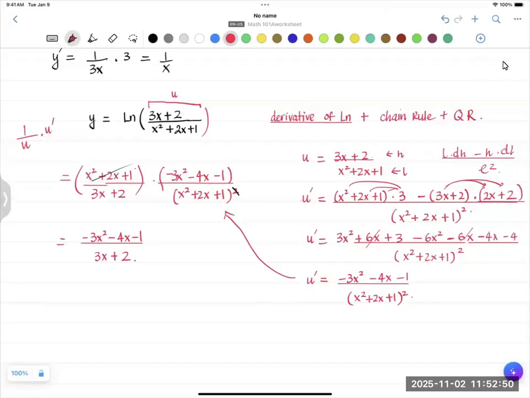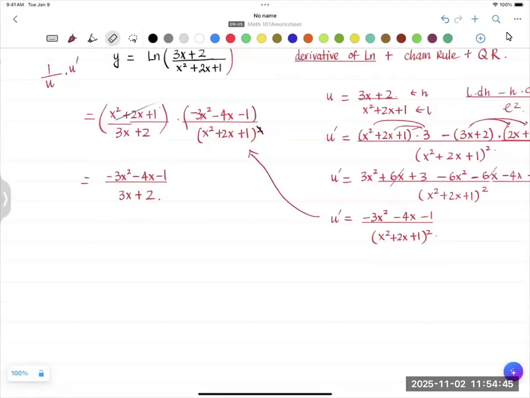Oh wait, I forgot to multiply x squared plus 2x plus 1, because we only cancel one of the factors. It's not all, so you still have one more. Okay, so this is going to be your final answer.